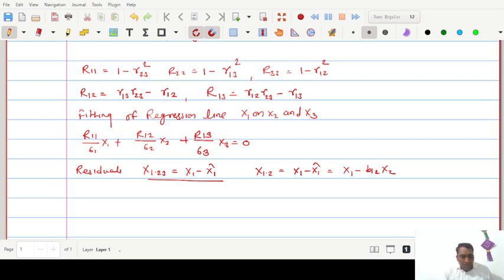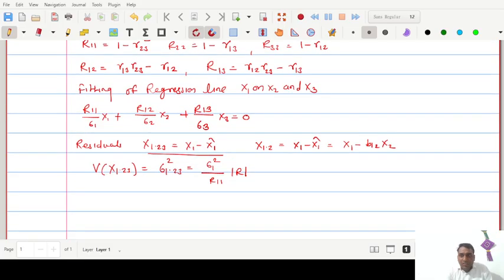Then there are some properties of residuals. Then the variance of residuals we calculated. Variance of x1 dot 23 is denoted by sigma 1 dot 23 square, and we calculated that formula as sigma 1 square upon R11 into determinant of R. This is the variance of residuals.